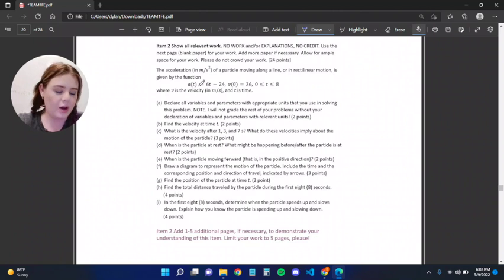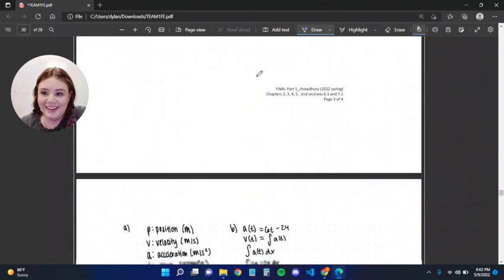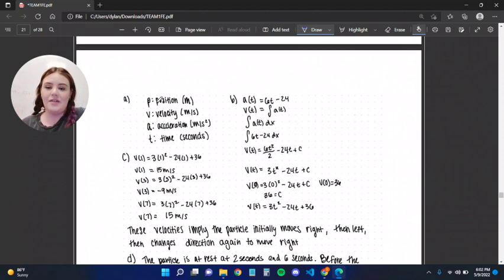So we are calculating our acceleration according to time. We have our position represented by P, and it's going to be in meters.